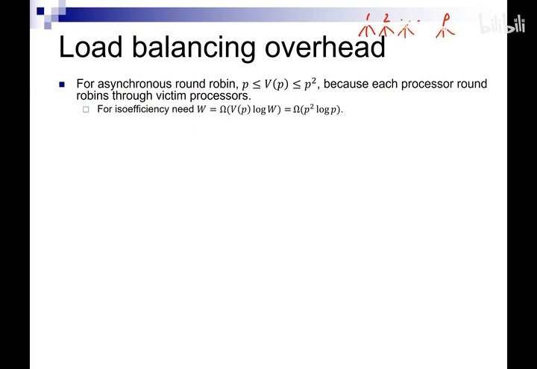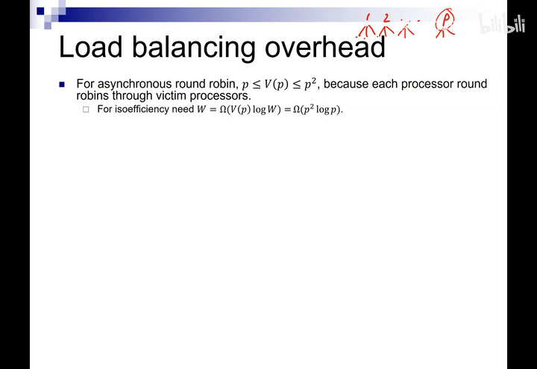It's going to take p steps before all of us pick this guy as the victim. For each of these steps we have p different steal attempts, until eventually we all try to steal from this final node. So it's p steals per step times p steps, which is p squared steal attempts in total.